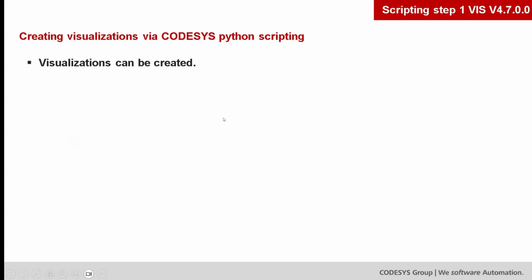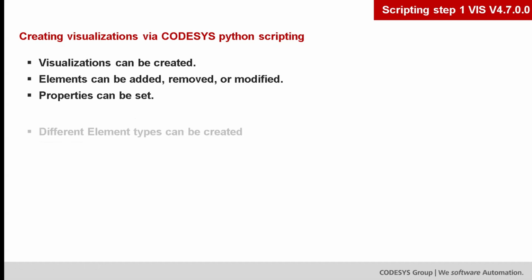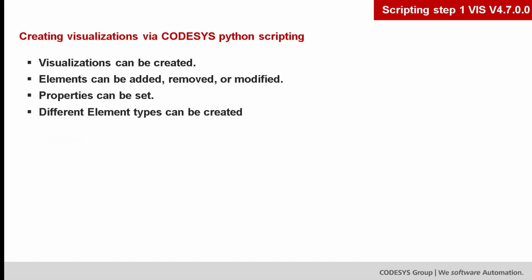So visualizations can be created, elements can be added, removed, or modified in a visualization, properties can be set, different element types can be created, and frame parameters can be set. With this functionality, you can create complete visualizations, or you can modify a template project by scripting.